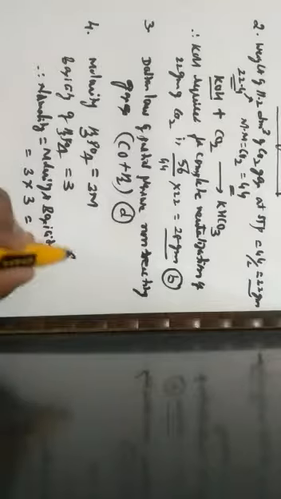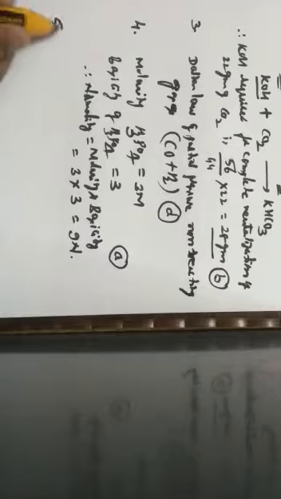Therefore, the formula is normality equals molarity into basicity. Molarity has been given as 3 molar, basicity is 3. Therefore, the normality is 9 normal, which is given by option A.